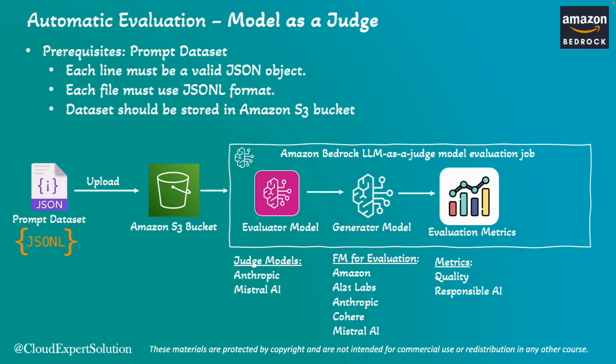We'll see all those in action. Now, once we have selected the evaluation metrics, the next step is we need to provide the Amazon S3 bucket path where the automated report will be generated.